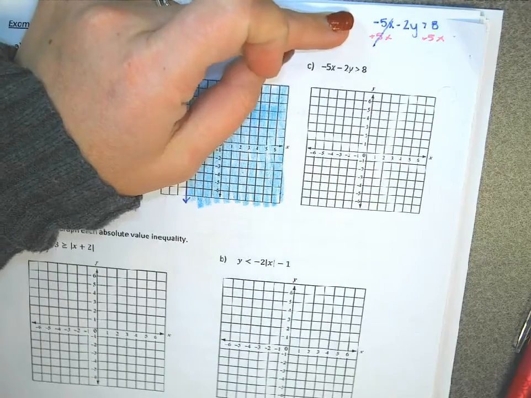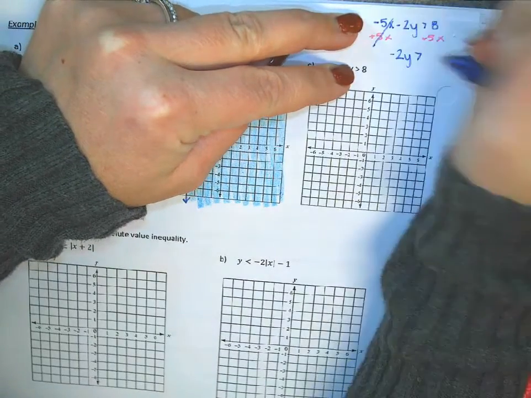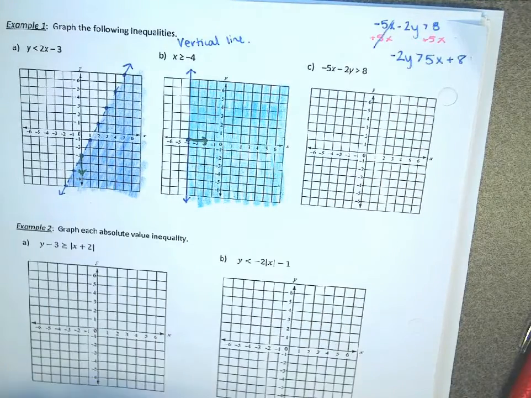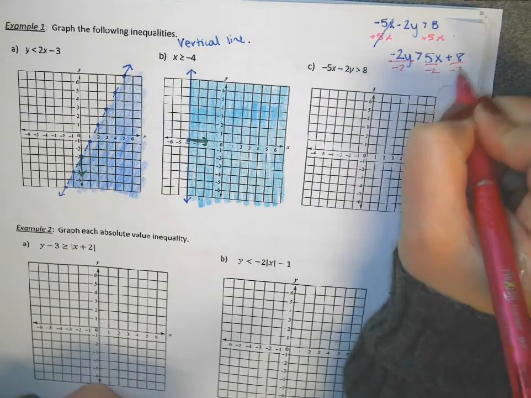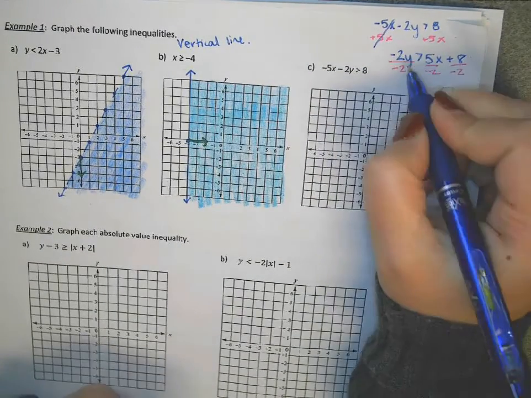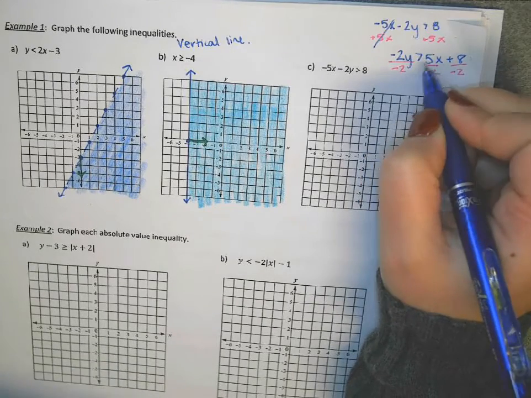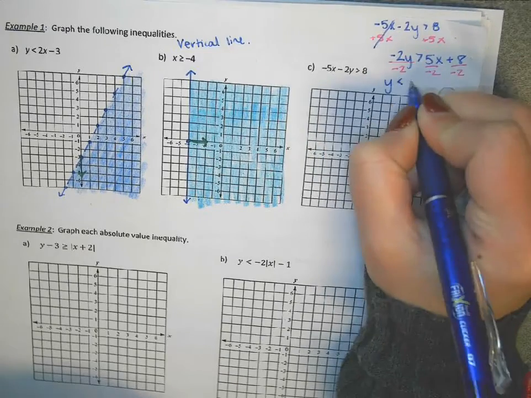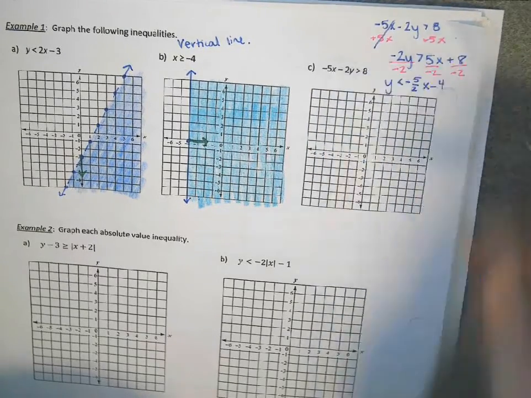Over here you have no x term left. -2y is greater than 5x plus 8. Now what you'll have to do is divide everything by -2 to get rid of that coefficient in front of y. However, when you divide an inequality by a negative number, that's when we have to remember that the sign flips. So y is less than -5/2x minus 4.